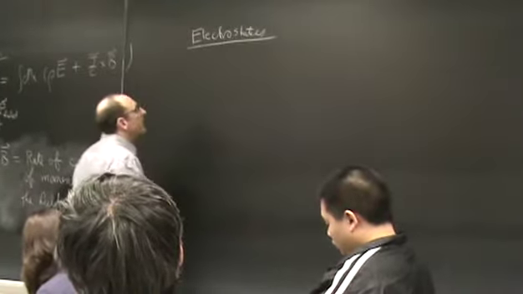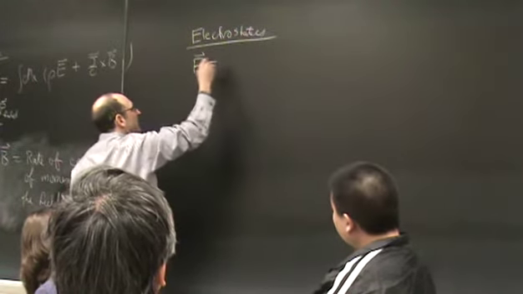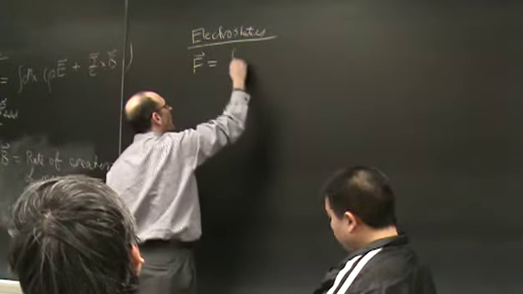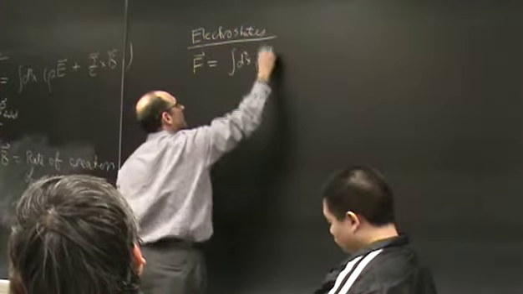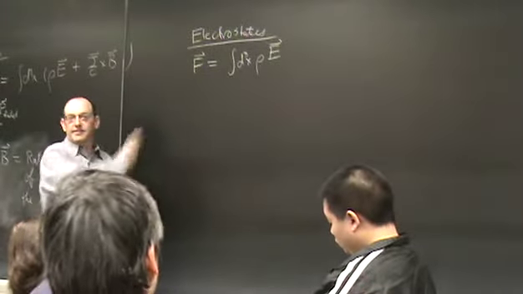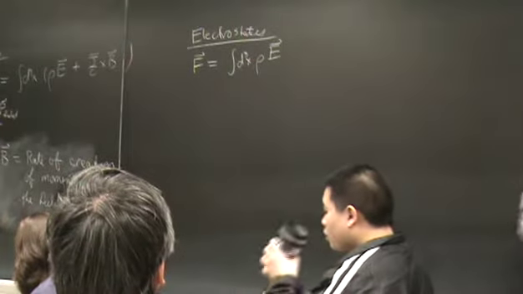Okay? So in electrostatics, we have Coulomb's law. The force on a charge is Q times E. That's the definition, in some sense, of the electric field.